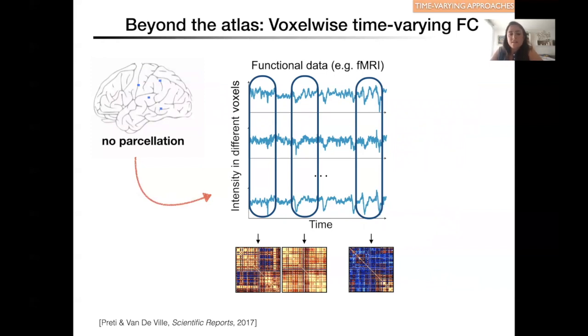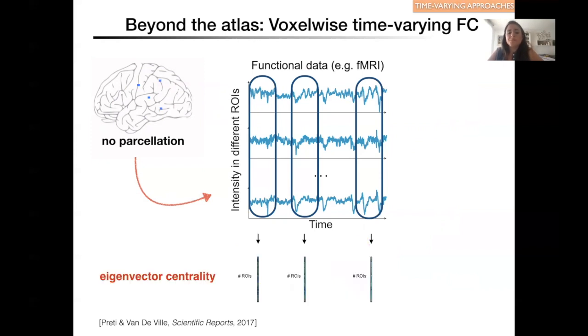The idea is exactly the same: using a sliding window, retrieving functional connectomes. But the problem is that when you work at the level of voxels, you have 100,000 voxels to consider, and so definitely you have a dimensionality problem in trying to compute or store these functional connectomes. A workaround that we found was approximating the functional connectome at each window by its eigenvector centrality, which would be a rank 1 approximation of the matrix.